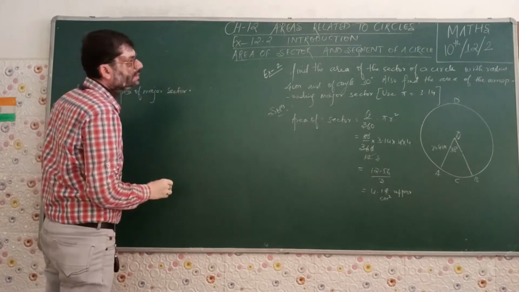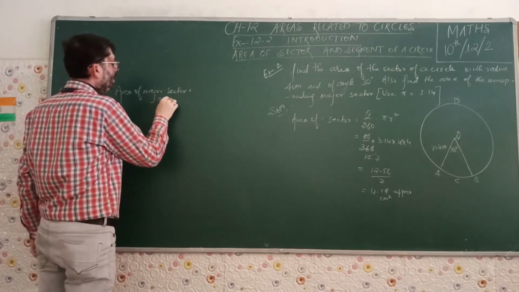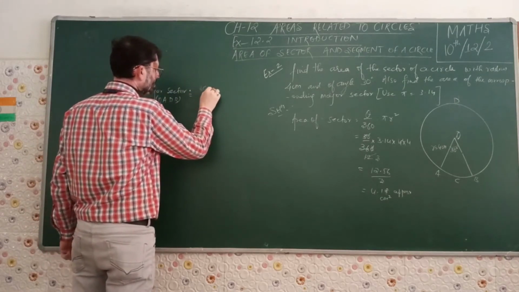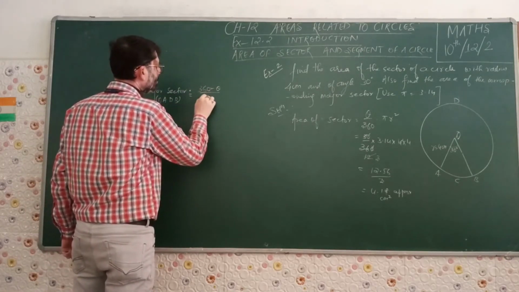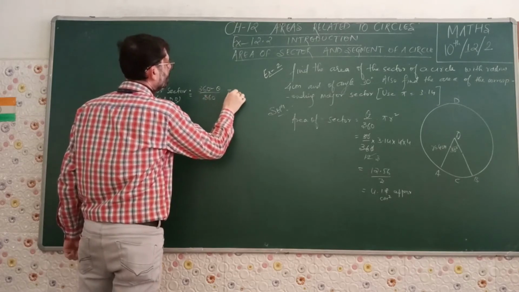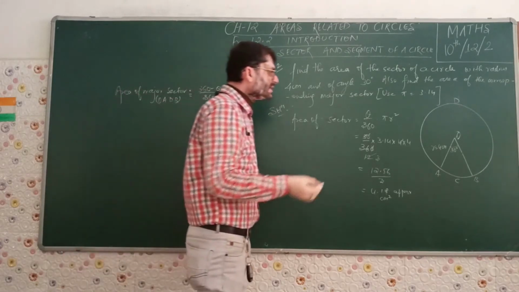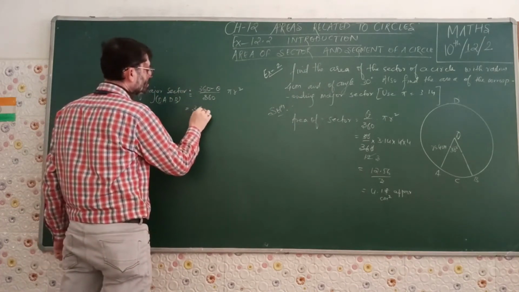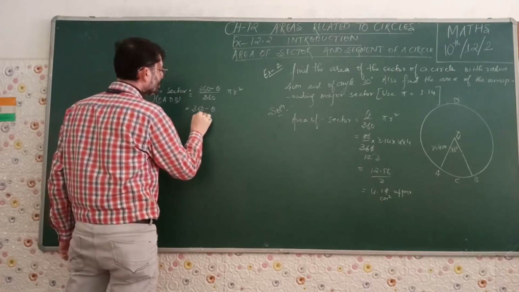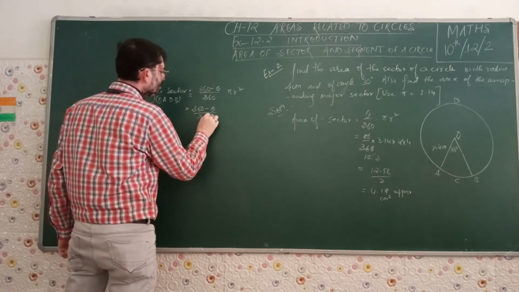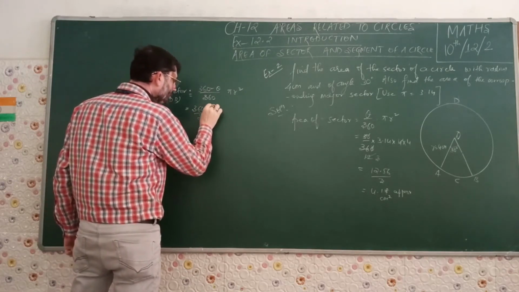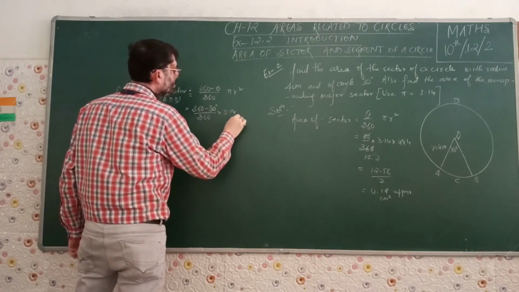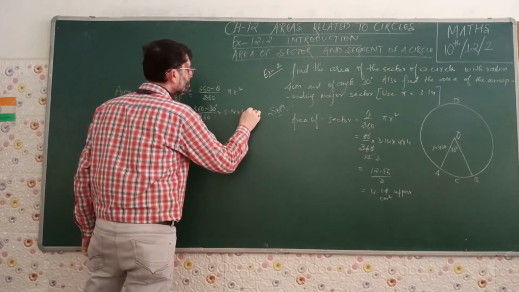What was the name of the major sector? That is OADB. We will be using the formula 360 minus theta by 360 into pi r square, where theta is equal to 30 degree that we have seen. So substituting 360 minus theta upon 360, and the theta value is 30 degree. Into pi we have to take 3.14, and the radius is 4 into 4.